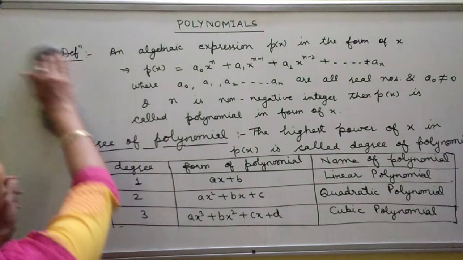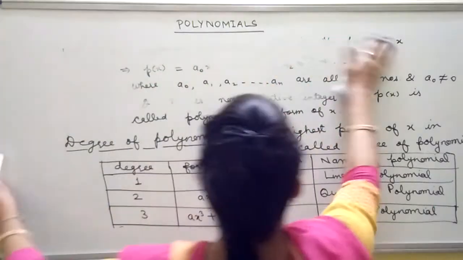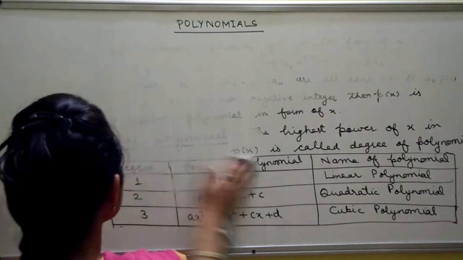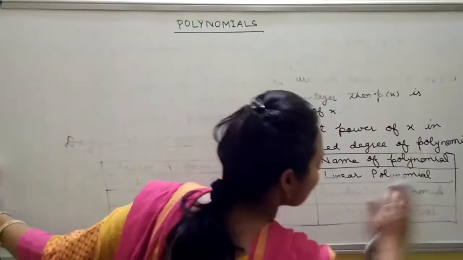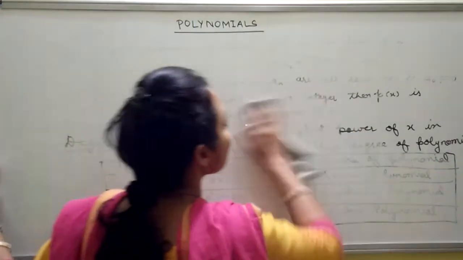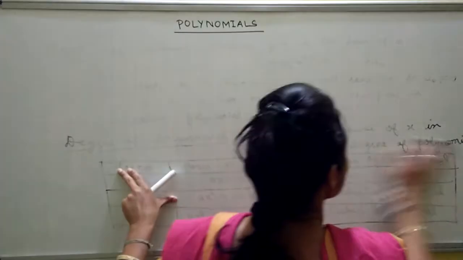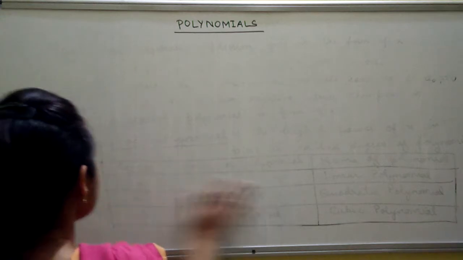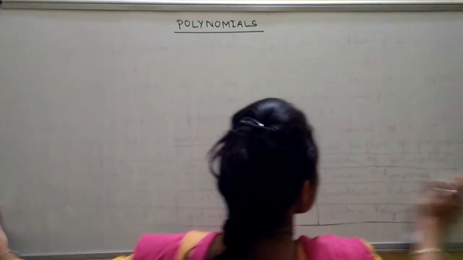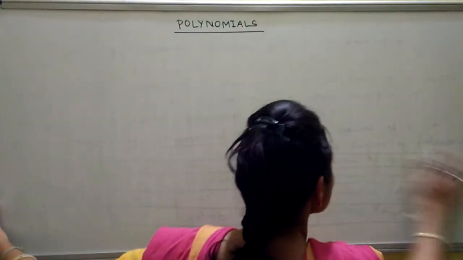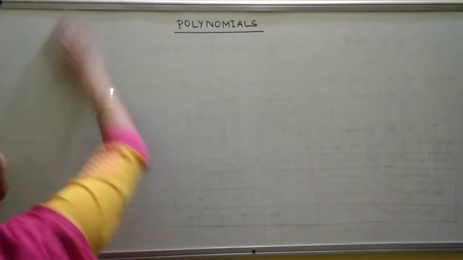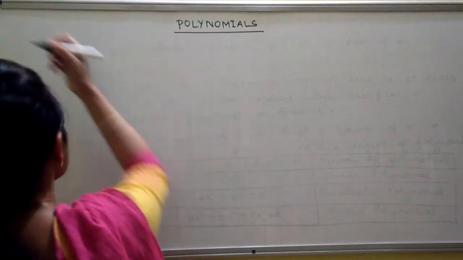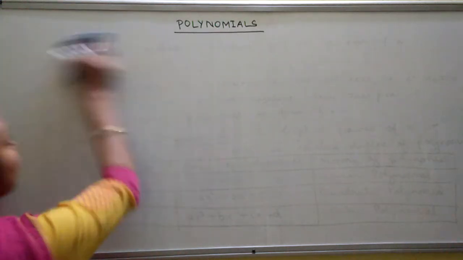That is a very important concept of your NCERT, zeros of polynomials. How can we find the zeros? Zeros of a polynomial, very easy.